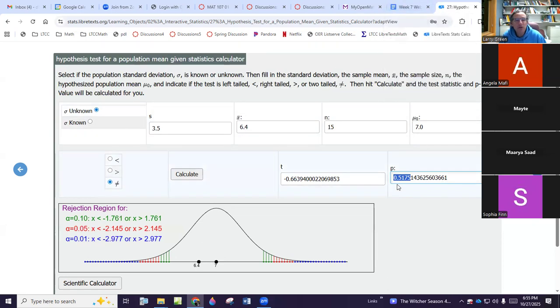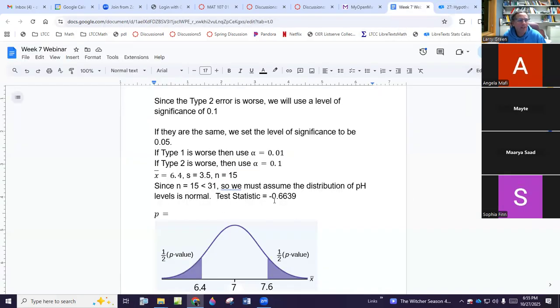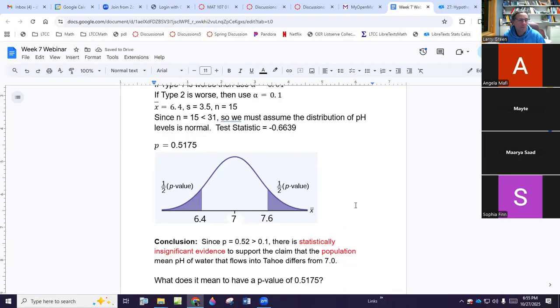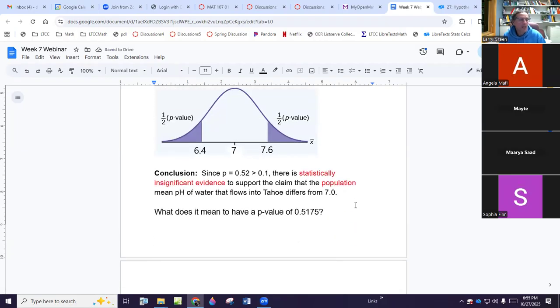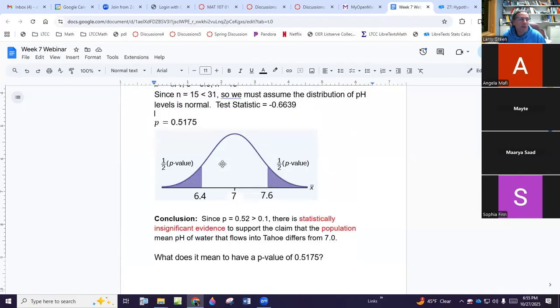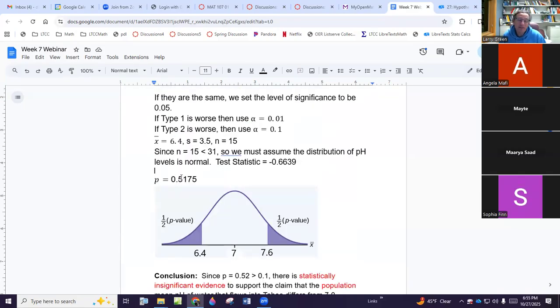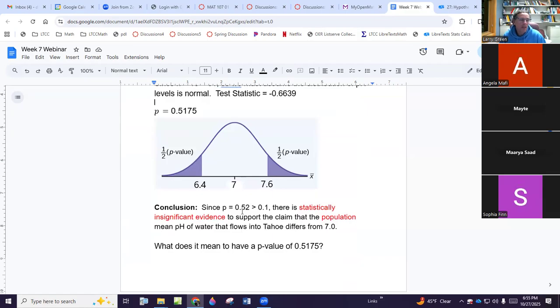Our p-value is 0.5175. So that's about, by the way, 0.52 if you want to go 2 decimals. 0.52 is a lot bigger than 0.1. So there is statistically insignificant evidence.